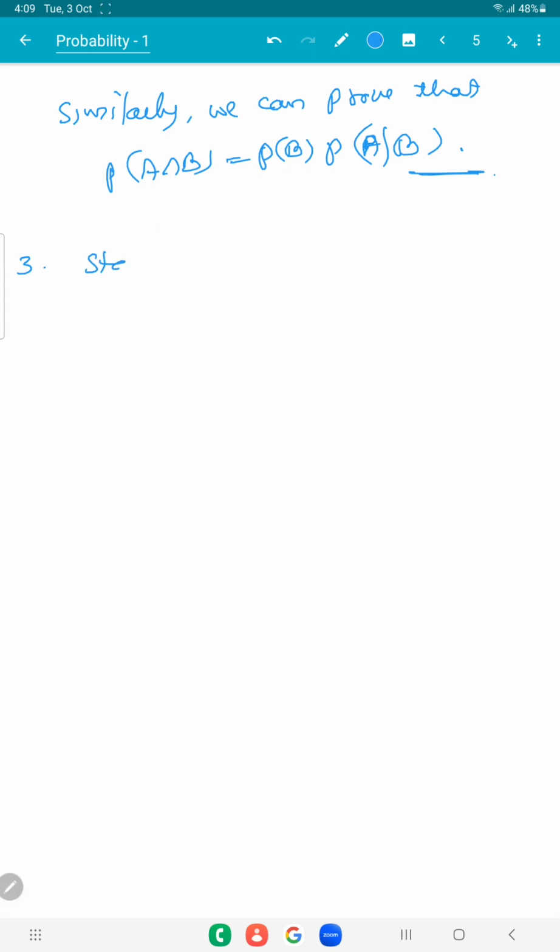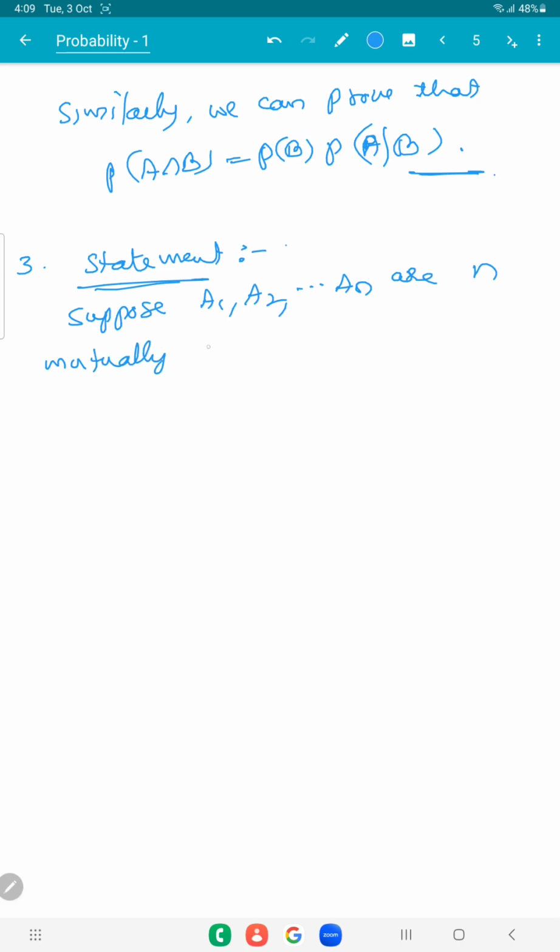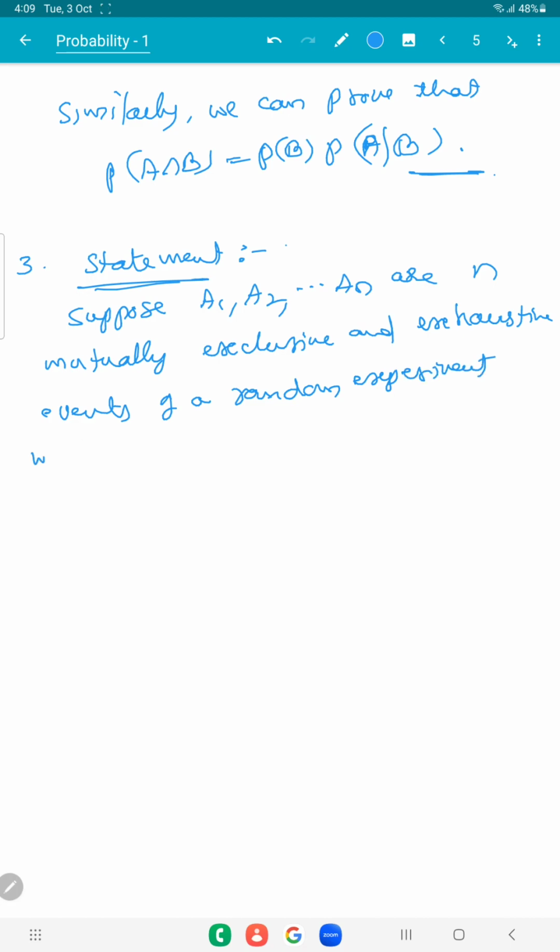Third theorem is Bayes theorem. Statement. Suppose A1, A2, and so on up to An are n mutually exclusive and exhaustive events of a random experiment with the sample space S, such that P of Ai is not equal to 0, and A is any event.